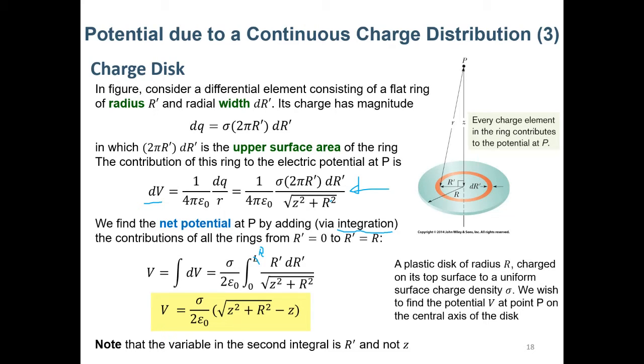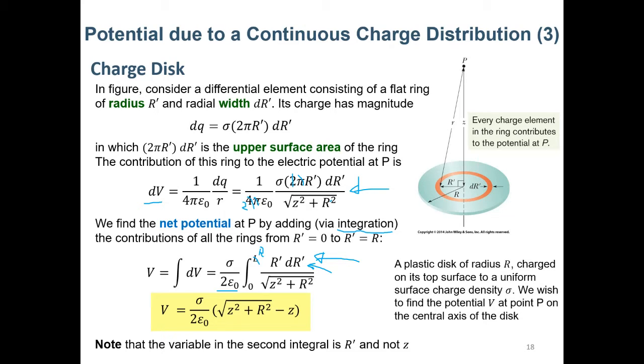So we integrate dV from 0 to R. We can cancel the 2 and the pi, so we have sigma over 2 epsilon 0 in front, and then r prime dr prime over the square root of r prime squared plus c squared. This integration is easier than the previous one, because we can use the chain rule.